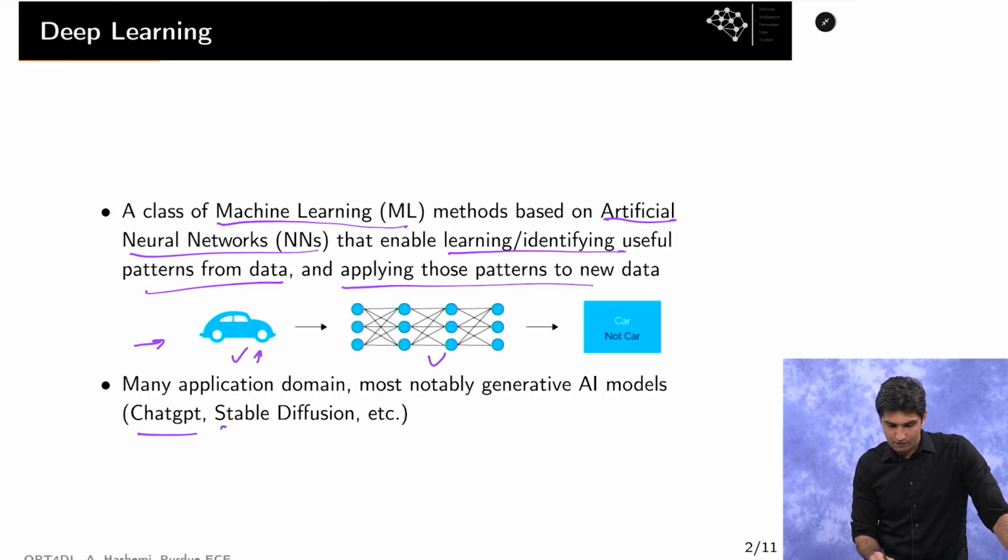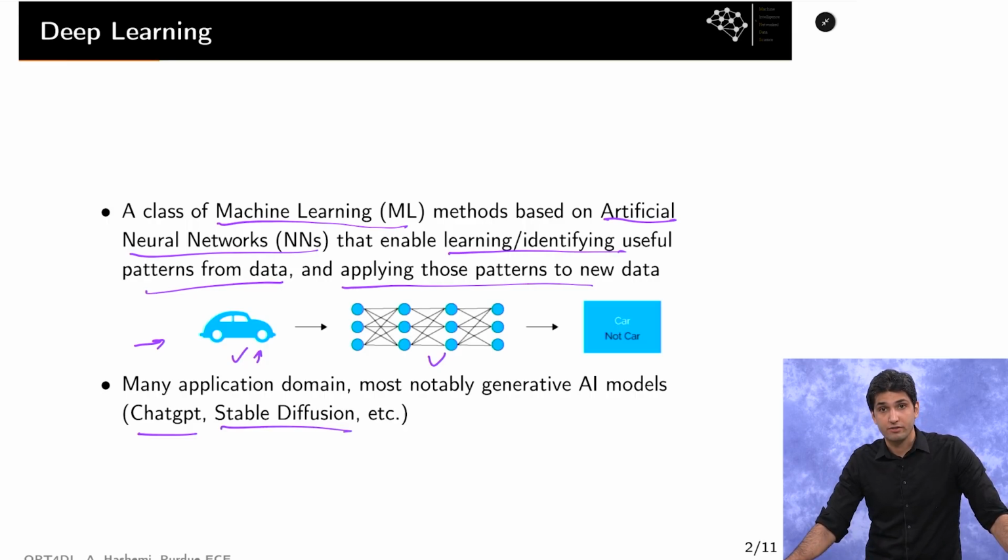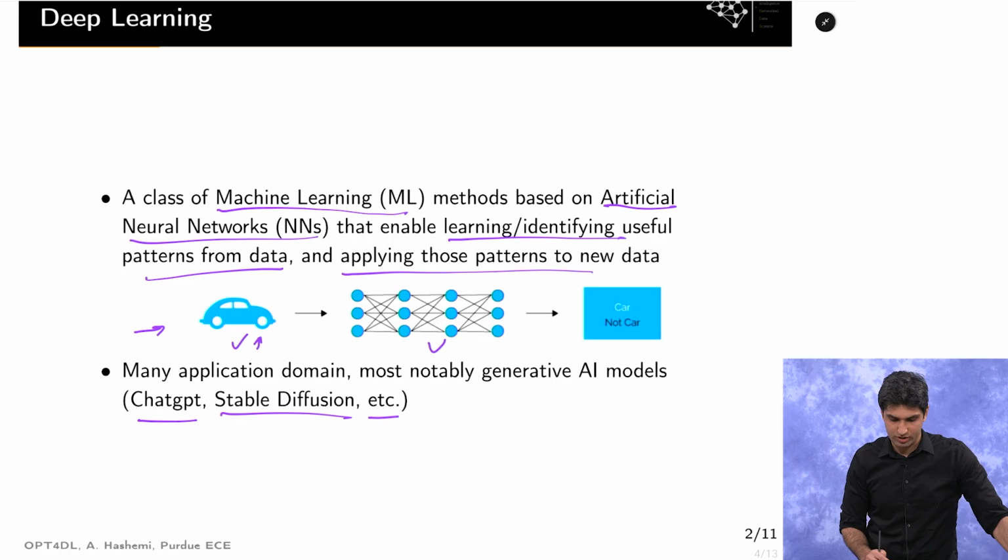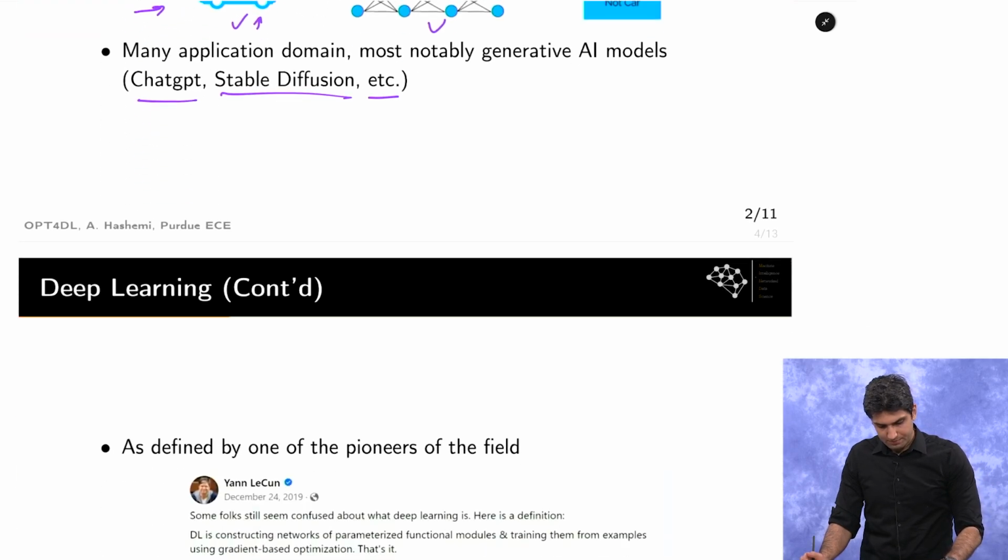Okay. We also have models that are extremely successful in terms of generating, let's say, images, right? So such as Stable Diffusion, right? So you give it a command and ask it to, for instance, generate the image of a specific cat breed or dog breed, and the model is extremely successful in doing that. And there are a lot of other applications that deep learning models have been really successful at across science and engineering. All right.